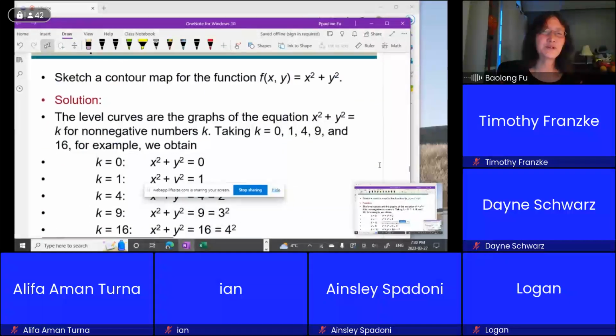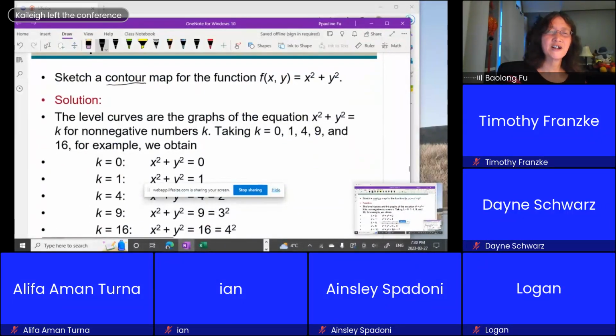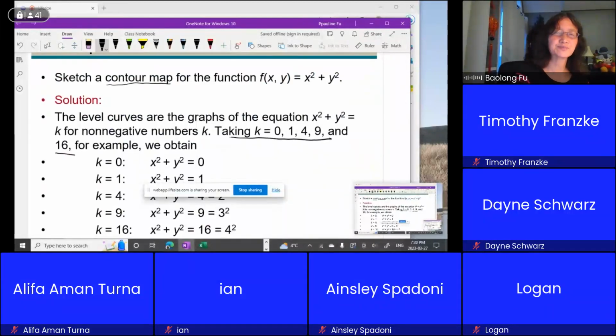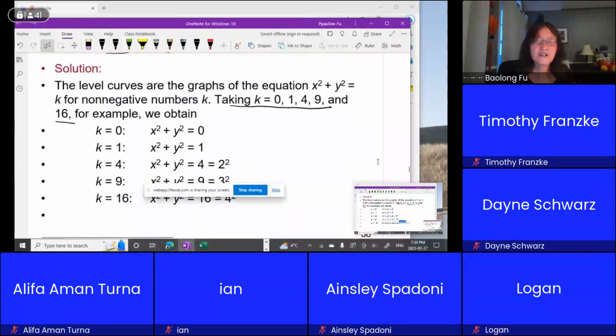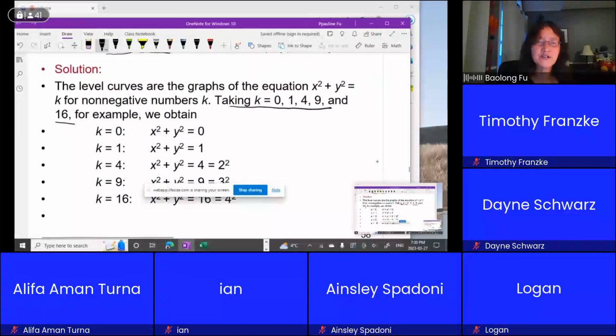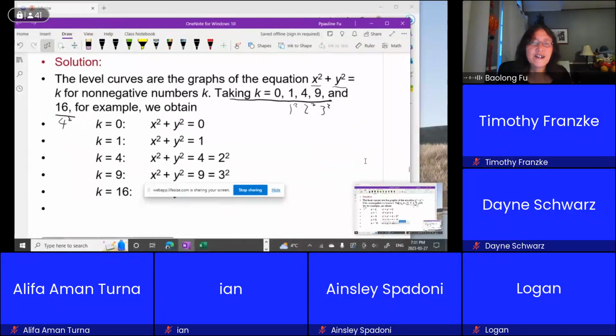Now look at this example. Sketch the contour map. Why are we picking those numbers? You actually can pick any number; those are just examples. The reason we pick those numbers is because this is a square, so we tend to pick 1 squared, 2 squared, 3 squared, 4 squared, etc. We take those as k.